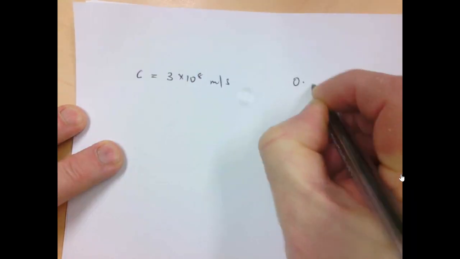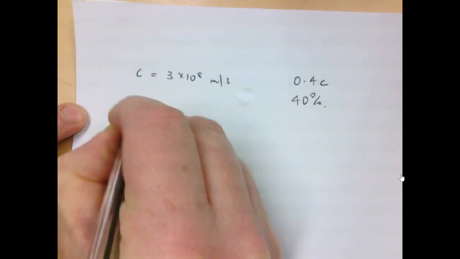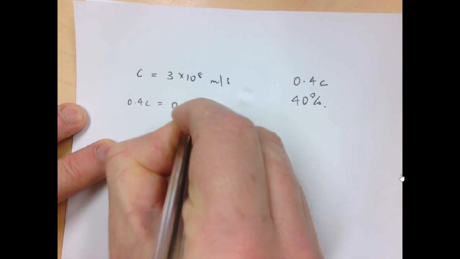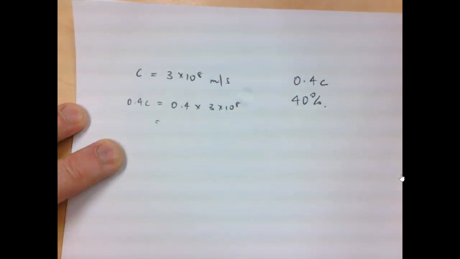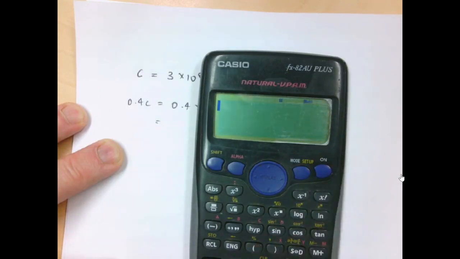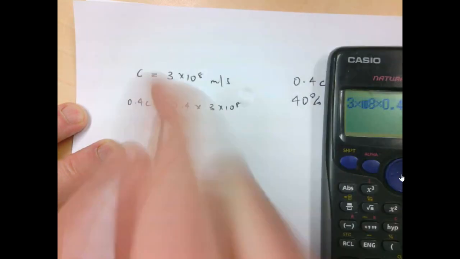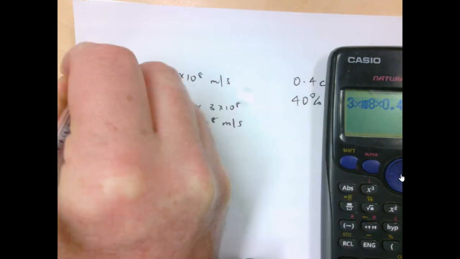So 0.4 c is 40% of the speed of light, which is just 0.4 times 3 × 10^8. A very simple calculation: 3 × 10^8 multiplied by 0.4 will be 1.2 × 10^8 meters per second.